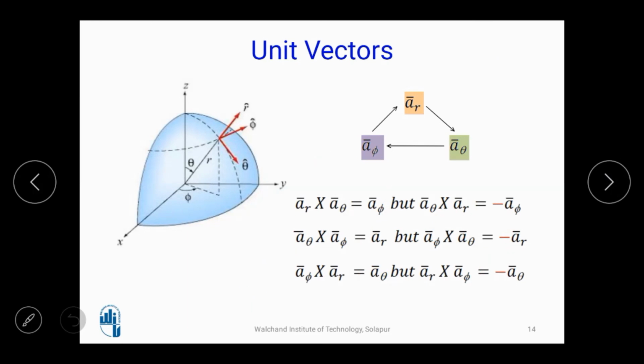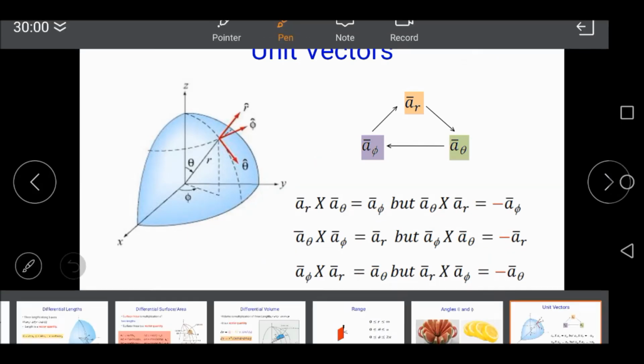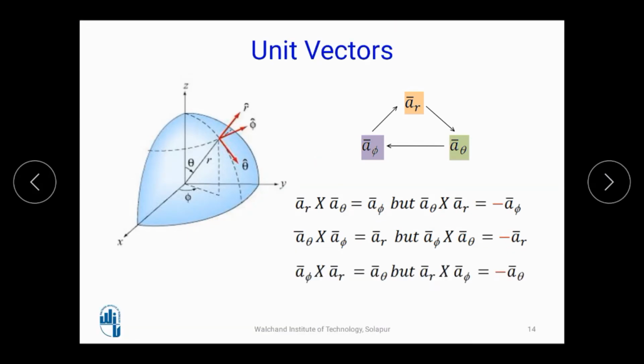Unit vectors: when I multiply the unit vectors with the dot product, it's very simple. Self dot product is 1, with others it is 0, that is a r dot a r is 1, but a r dot a theta will be 0. But when I take the cross product, I should follow the triangle.